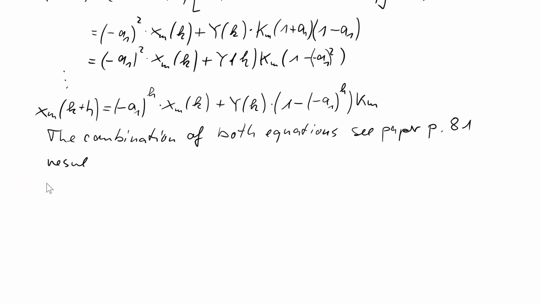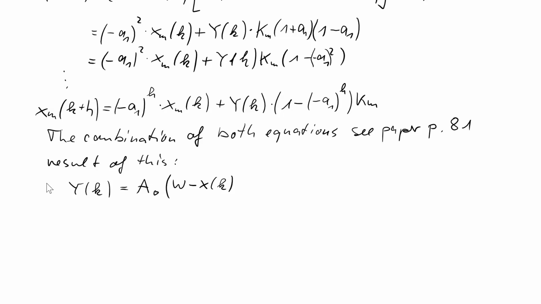Result of this combination is solution y of k is a coefficient, I call this a sub o, times the actual control difference.